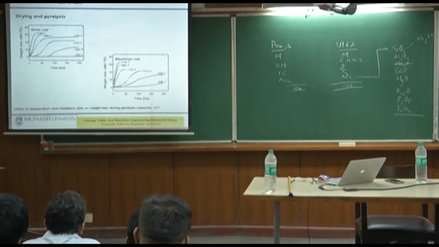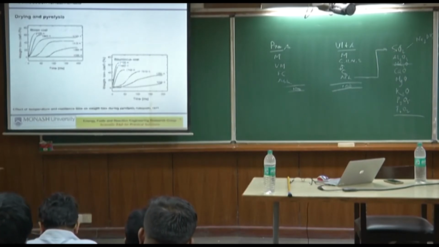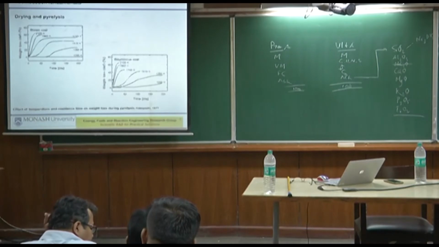So the point in here is that as temperature increases, you can get very high weight loss or high burnout in a very, very short period of time. So that's how you will read it, rather than looking at the individual values. It is simply a function of the particle size. It is a function of the coal rank.